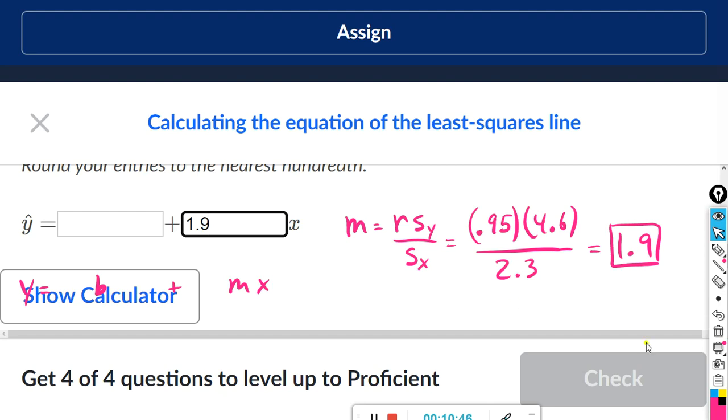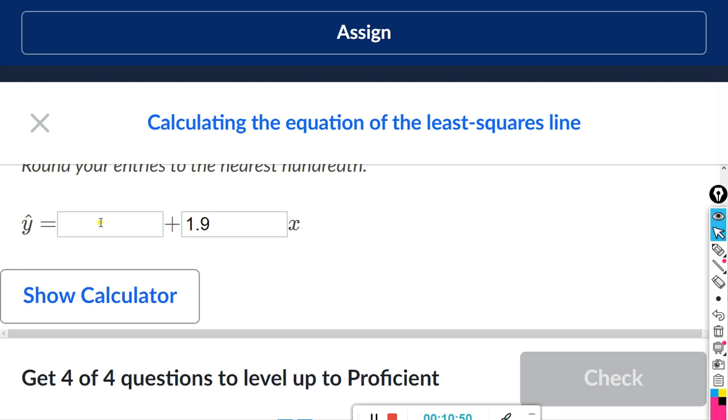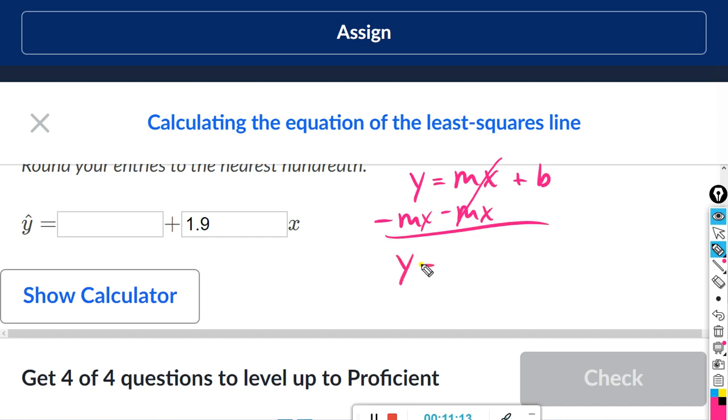Okay. Now, of course, we're not finished yet. We have to solve for b. Remember, the equation is y equals mx plus b. And if we solve for b, we do a minus mx on both sides. And it cancels here. So y minus mx equals b.